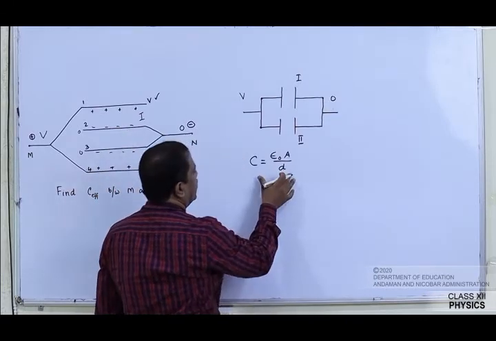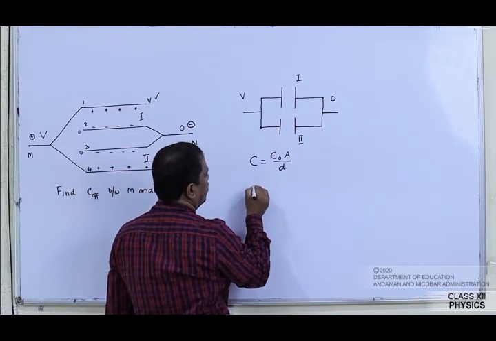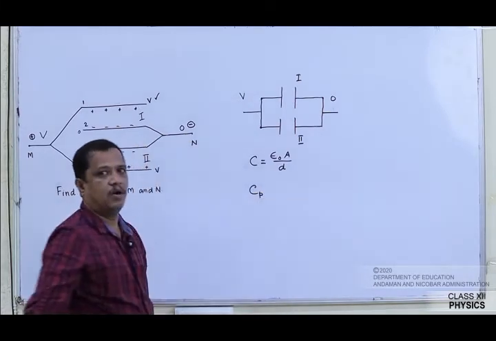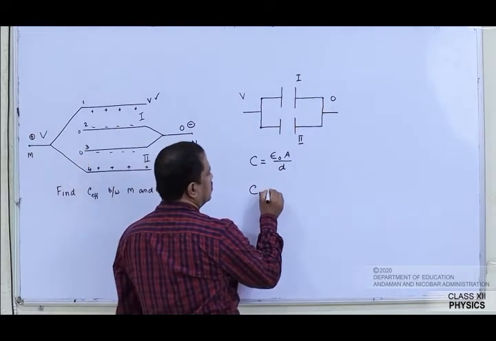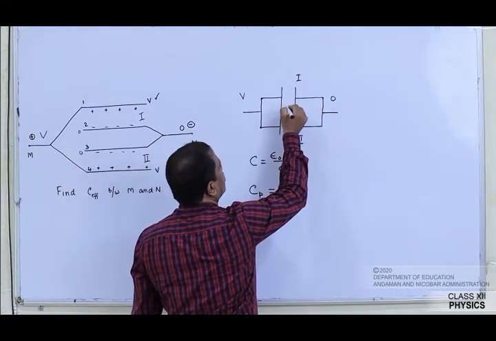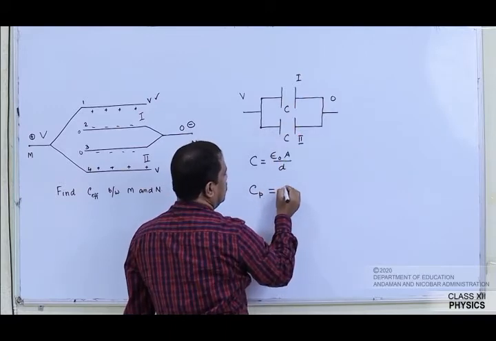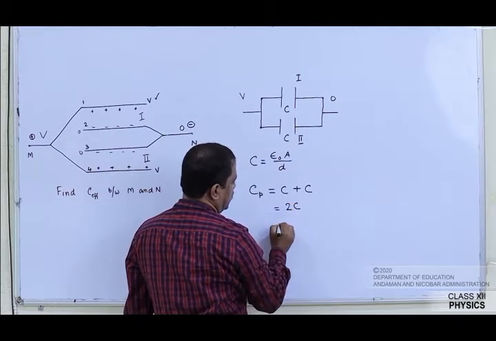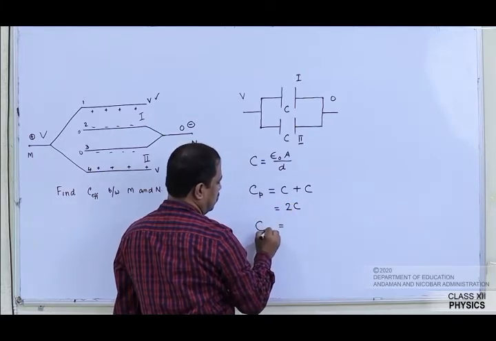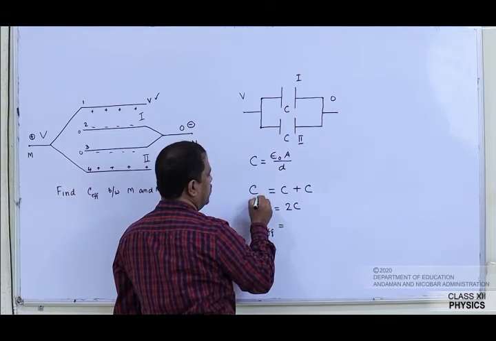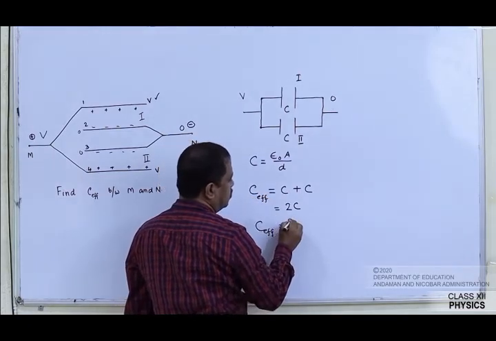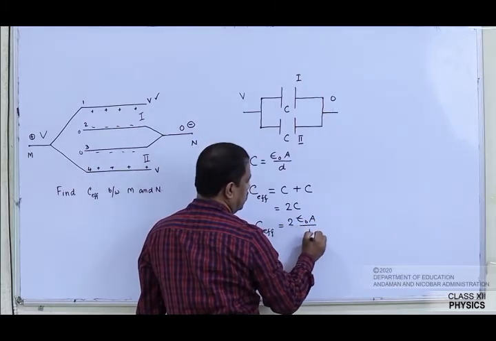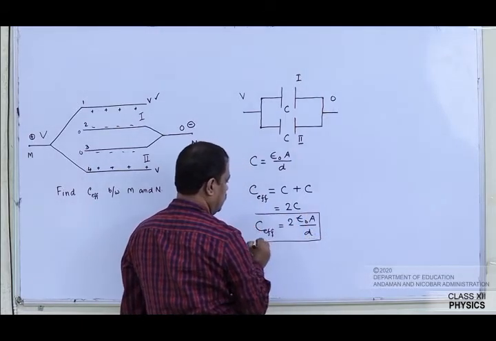When connected in parallel, we have studied the expression for the effective capacitance: Cp equals C1 plus C2. This will have a capacitance of C, and this will have a capacitance of C. So this gives you 2C. The effective capacitance is 2 times C, which is 2 epsilon 0 A divided by D. So this is the effective capacitance.